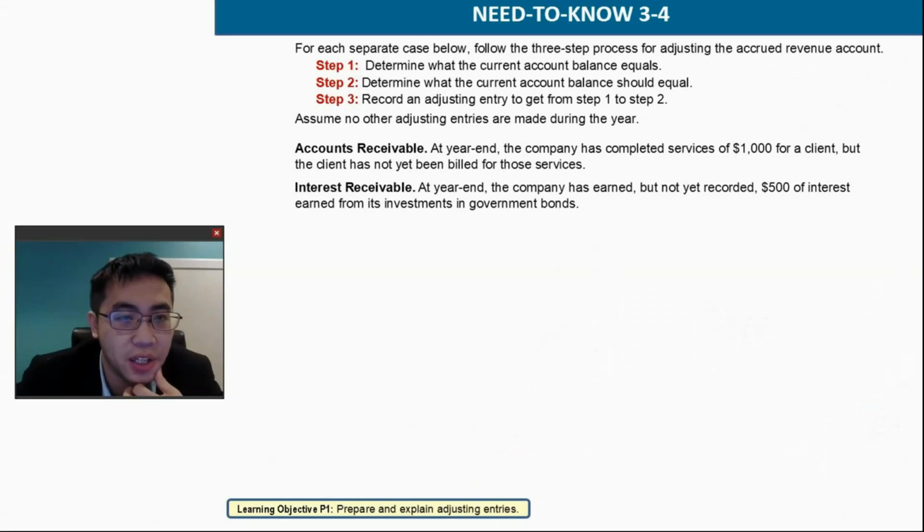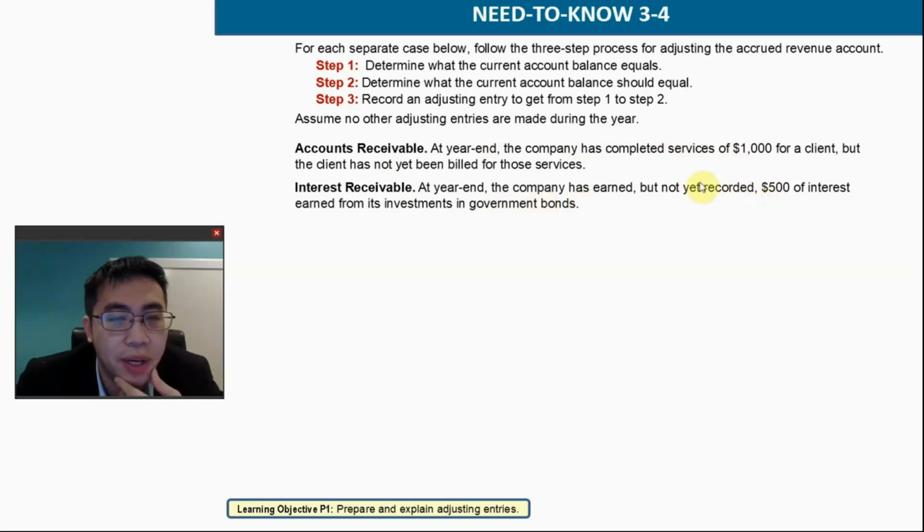Okay, here's an exercise for two receivables. One is account receivable and another is interest receivable. The account receivable comes from delivered services for $1,000 worth, and the interest receivable comes from investments in an asset or security called a government bond, which is at a $500 interest.